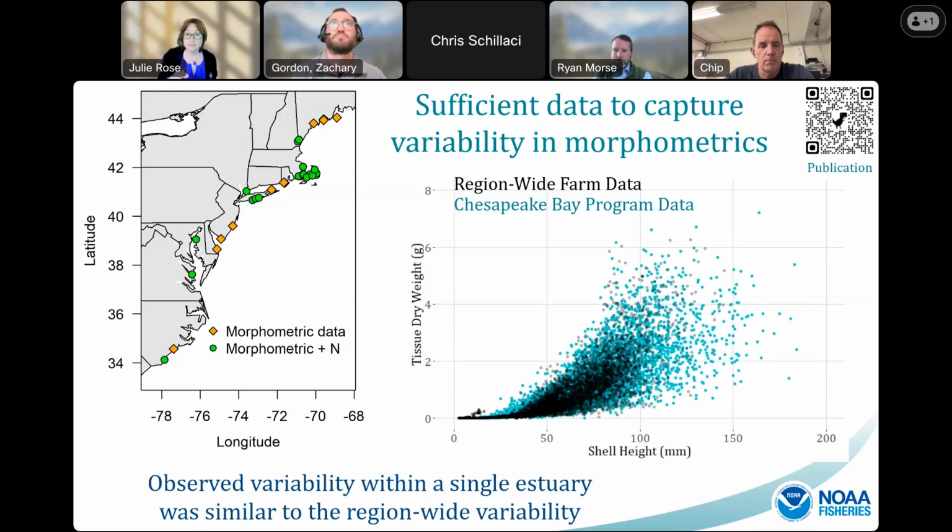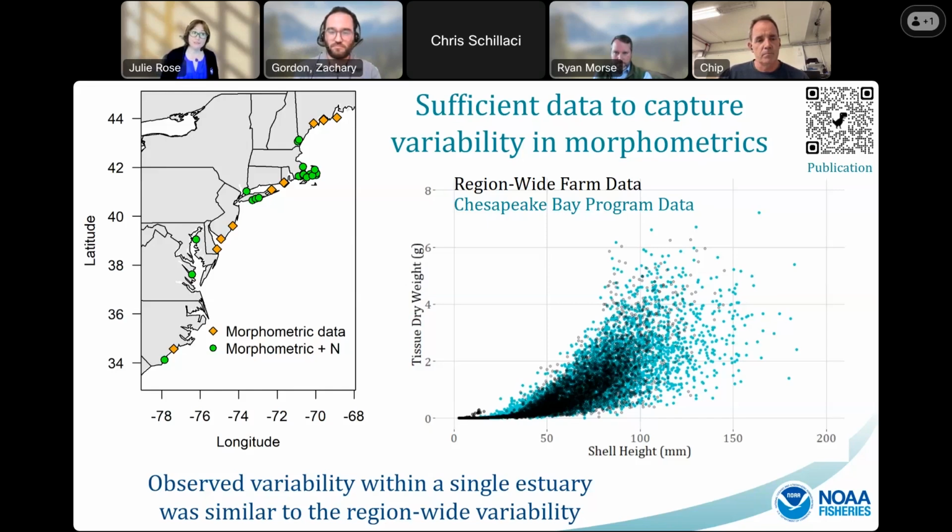What we think is going on here is that we actually have sufficient data that we're starting to potentially capture the physiological limitations of this relationship. And it gives us confidence in a median regression being a good predictor of animal weight.